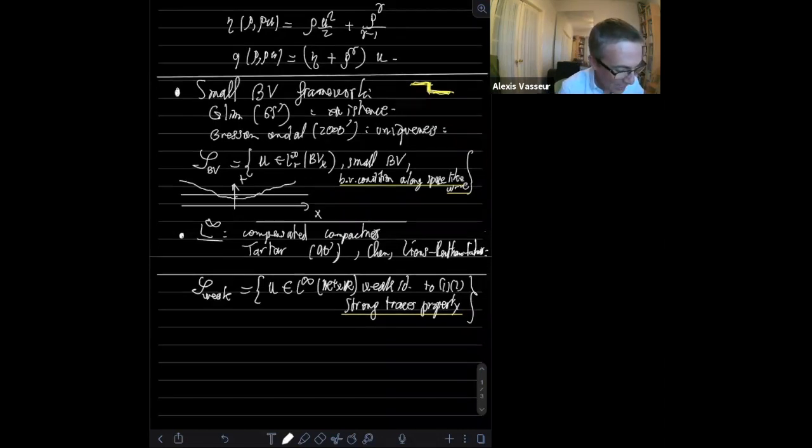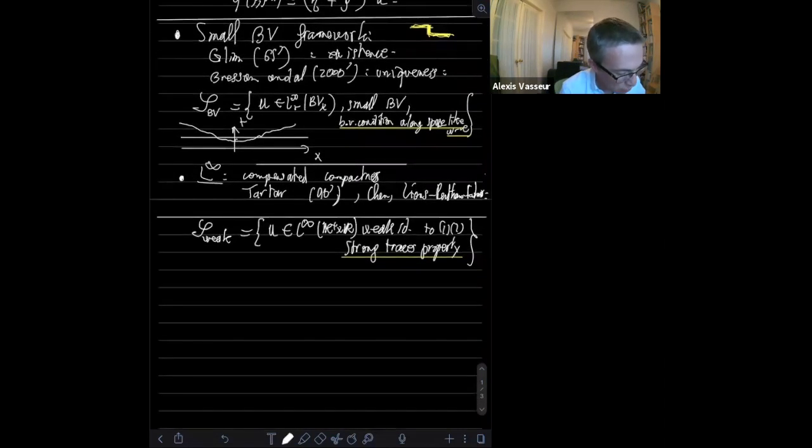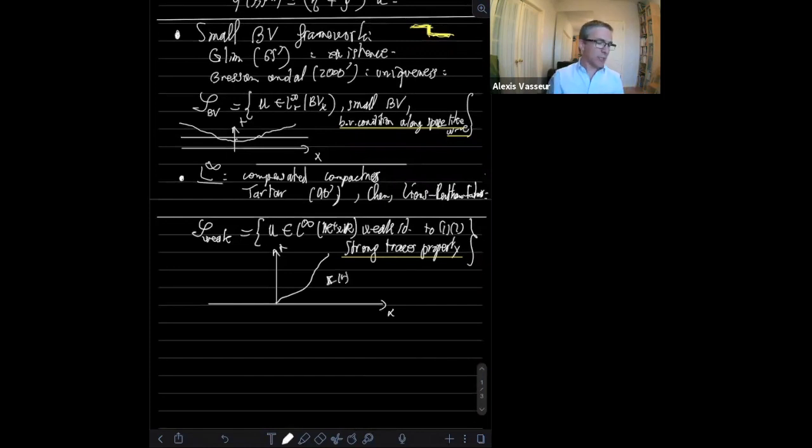But again, if I'm trying to do it in one picture, what it means is that for any nice curve, so this is x of t, a Lipschitz curve, your solution has a notion of limits when you go to the curve, u plus on the left and on the right.